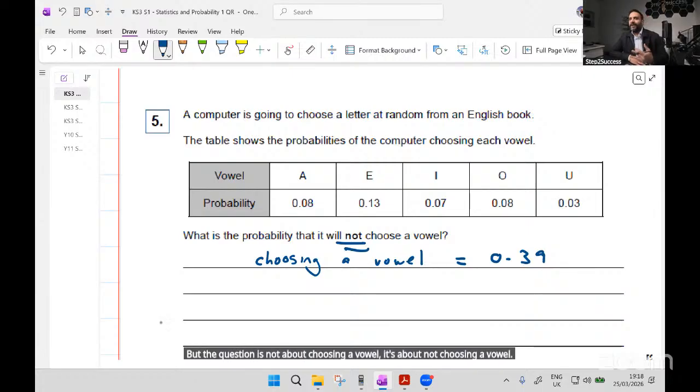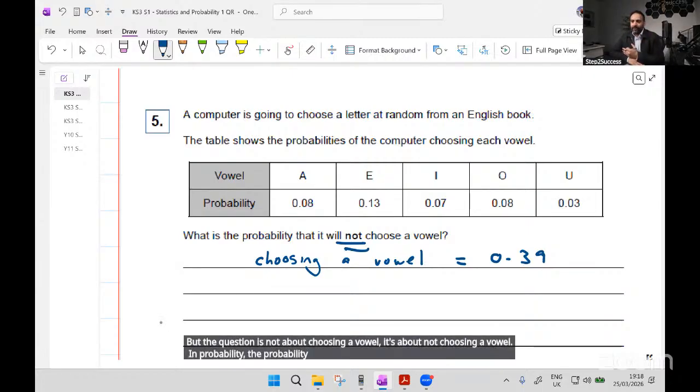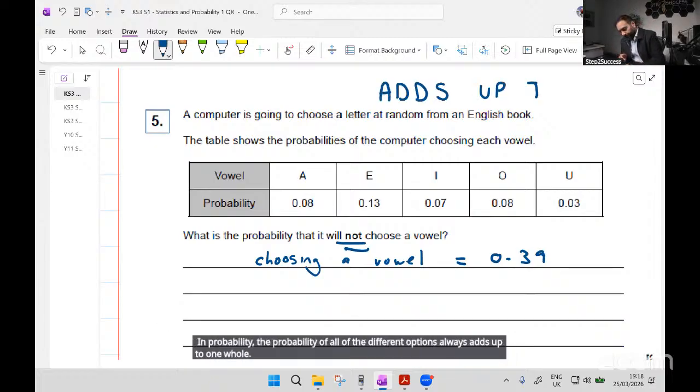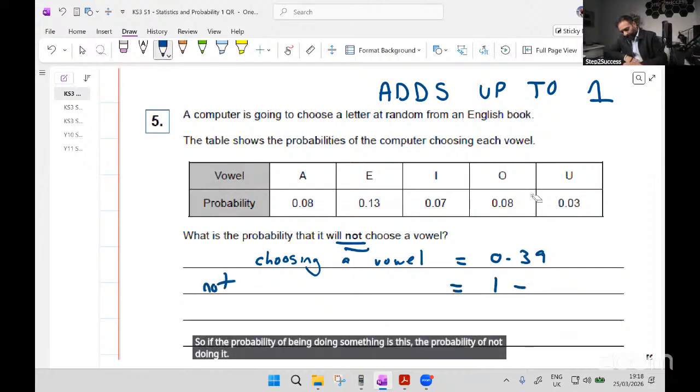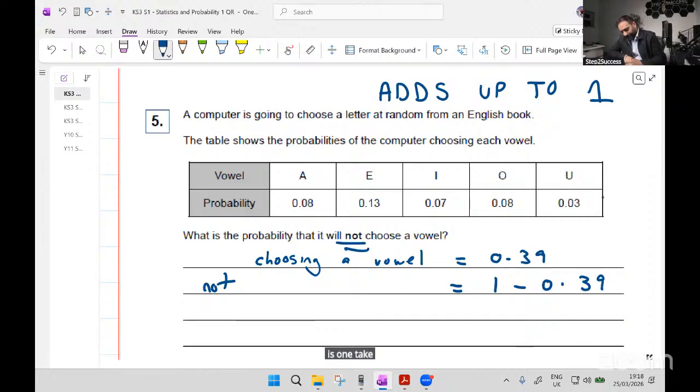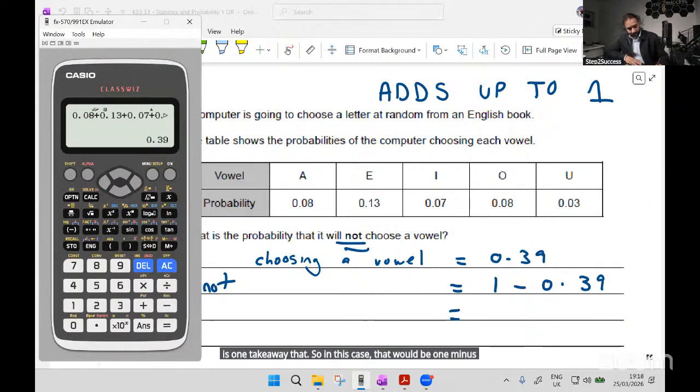In probability, the probability of all of the different options always adds up to one whole. So if the probability of me doing something is this, the probability of not doing it is 1 take away that. In this case, 1 minus 0.39 is 0.61, I believe.